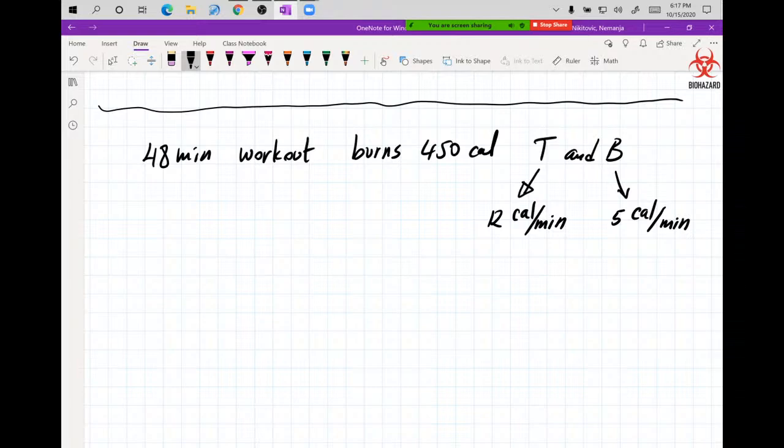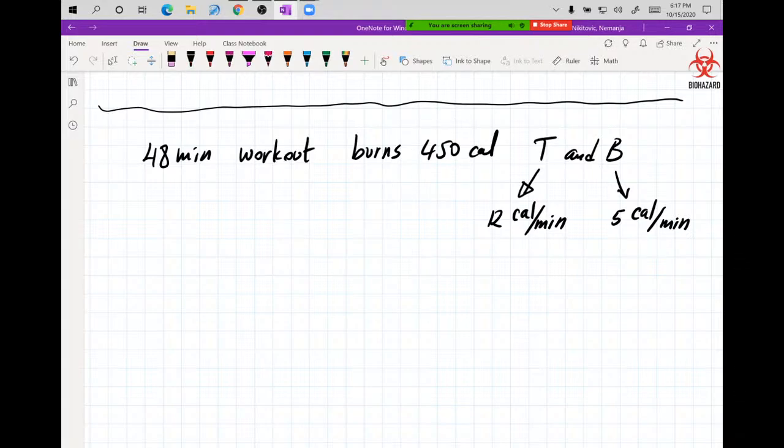They want to know how long this student was using each exercise, the tread climber and the stationary bicycle. So how many minutes on each, for a total of 450.